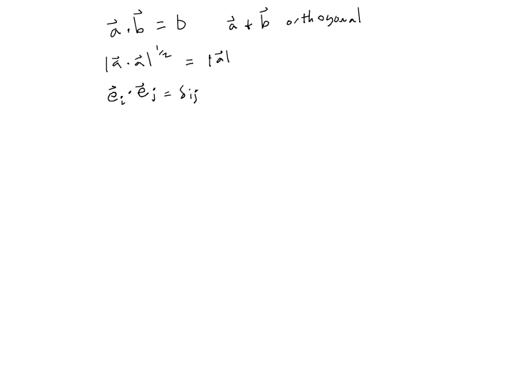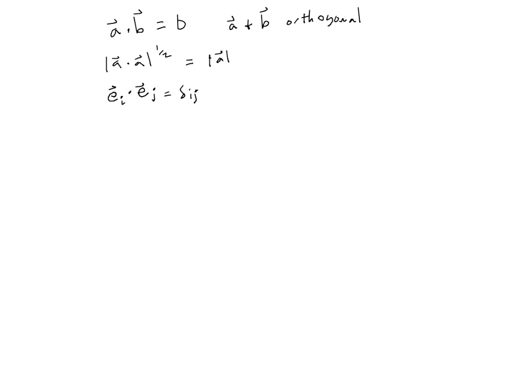And that's called an orthogonal coordinate system. So in other words, X dot Y is orthogonal, phi dot R is orthogonal, and so on.